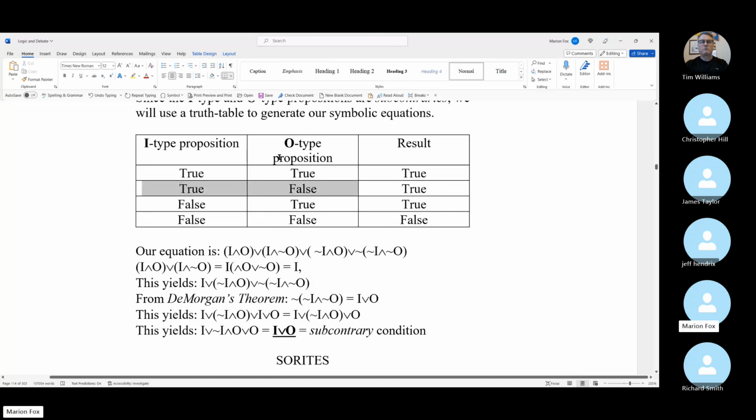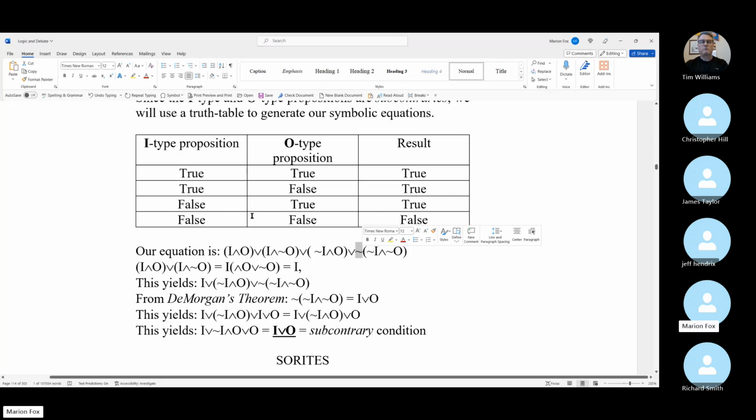It gets this second row. I not and O, it gets the third row. That's this in here. And I not, O not is false. See, that means it's false. What I've highlighted, it means it's false. All right, so we've laid that all out.